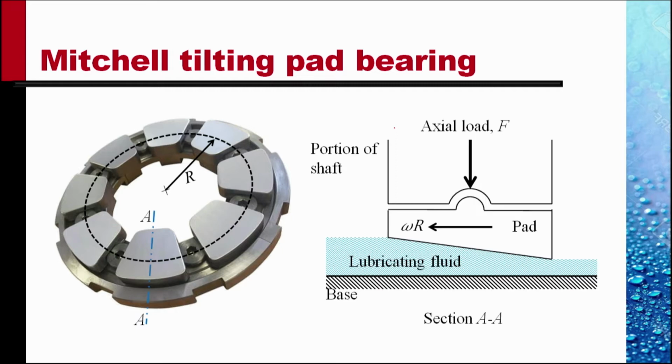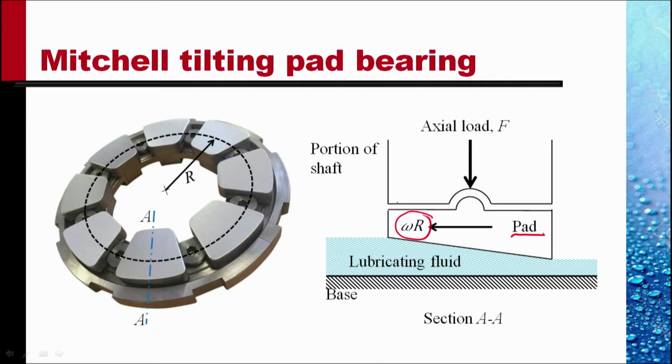It consists of a number of pads like this, which are pivoted in such a manner that when the axial load comes on this and they are rotating, the pad is rotating in this direction with an angular velocity omega, so that the linear velocity is omega r.